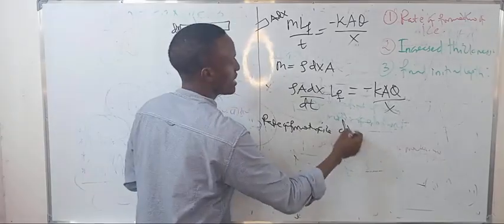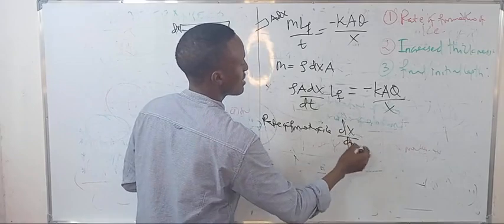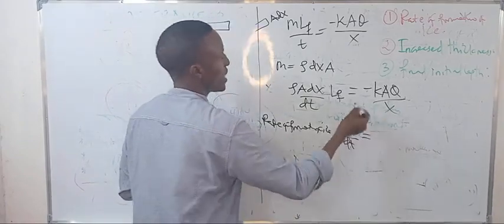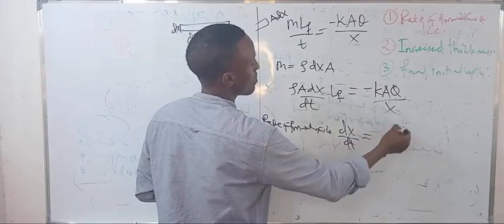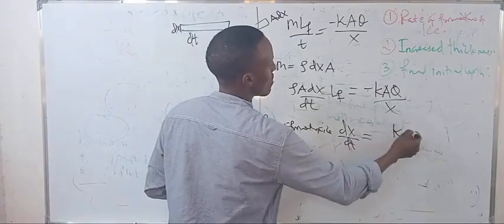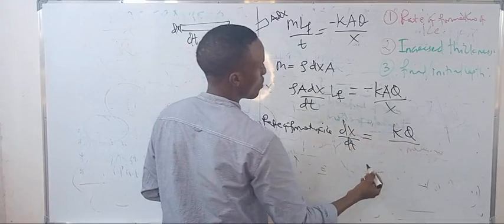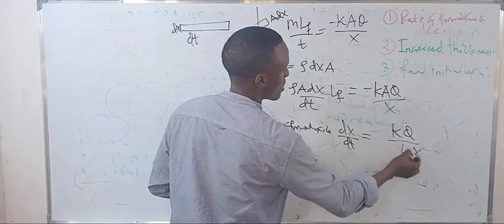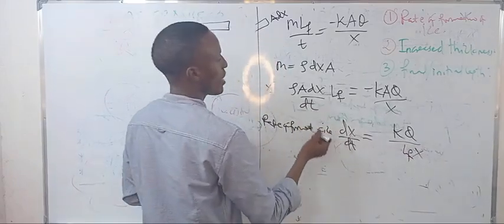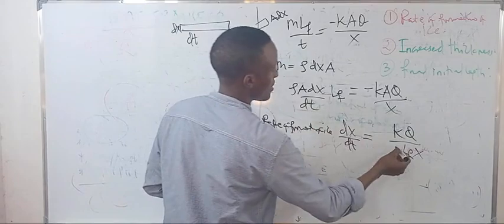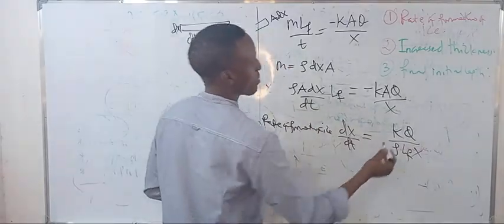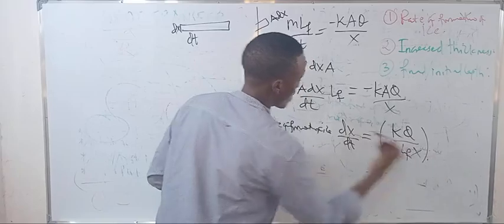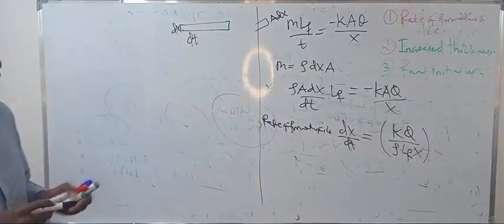So this is dx over dt, and the area cancels. Here we have only k, theta over x, the latent heat of fusion, and the density. That's how we get it, Chief. So you just make the subject.